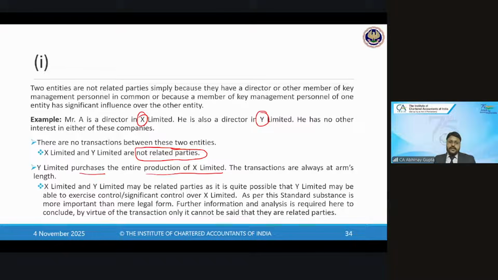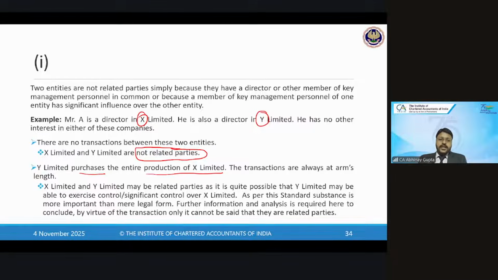In this case also, ideally, Y and X are not related just by virtue of having a larger portion of the purchase and sale. But because the entire production is being purchased by one single company, that raises an indication that there could be some sort of relationship.